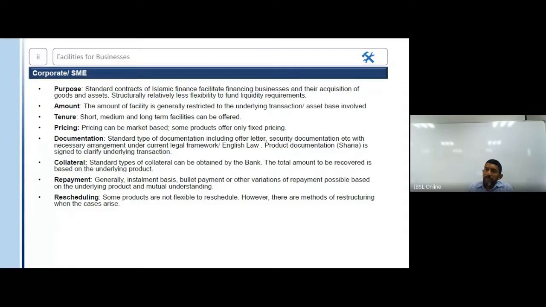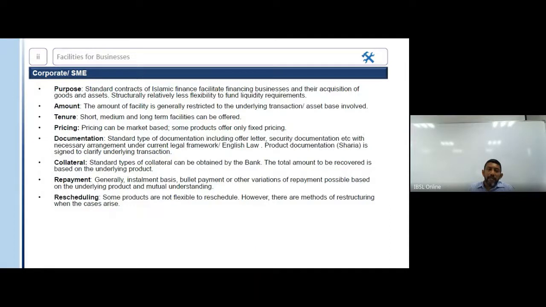But those loans are not directly connected to the underlying transaction. In Islamic finance, the amount is limited to the underlying transaction or asset. Even if the customer is good, even if we can lend without collateral to a AAA customer, your funding will still be limited to the underlying transaction or asset, because that stems from the principles we discussed before.